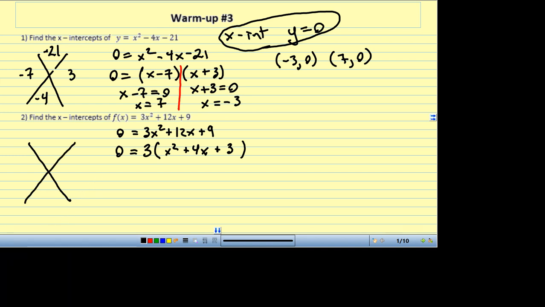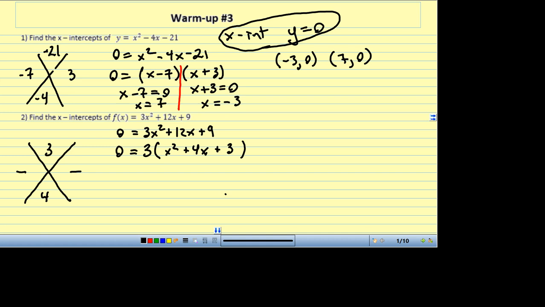I'm going to put 3, and I'm going to put 4. And now I ask myself, what times what gives me 3, and what plus what adds up to 4?